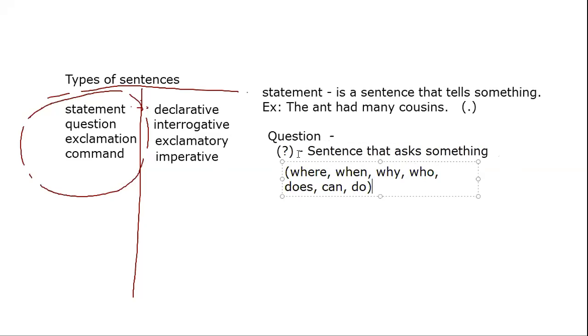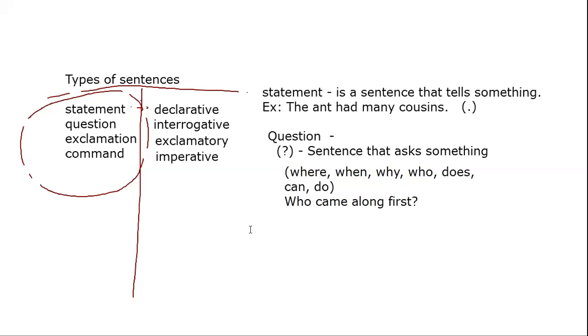Where are you going? You're asking a question. And if it ends in a question mark, it's called a question sentence, also known as an interrogative sentence. So let's give an example real quick. Who, there's my question word, who came along first? That's an example of a question or an interrogative sentence.